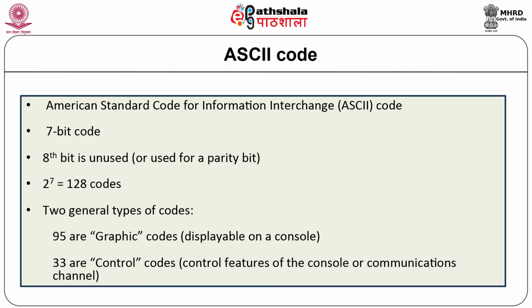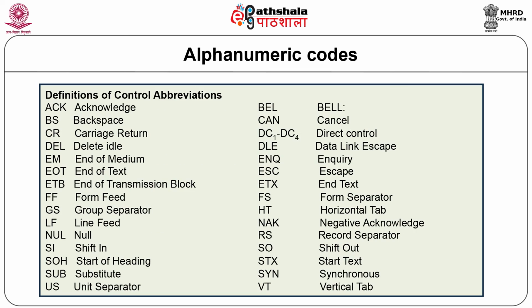The letters of alphabet in both uppercase as well as lowercase and other symbols, special characters, instructions for communications or commands are also included. In addition to alphanumeric characters, there are several control characters which are listed below. These are normally used for controlling the communication. So for example, carriage return, line feed, end of text, null character, acknowledgement, negative acknowledgement, etc.